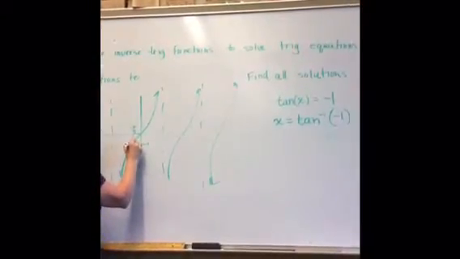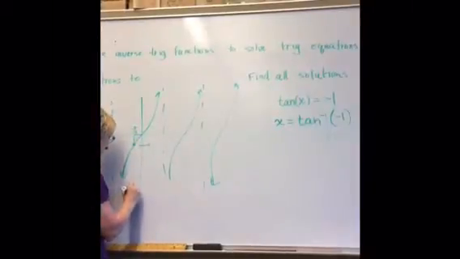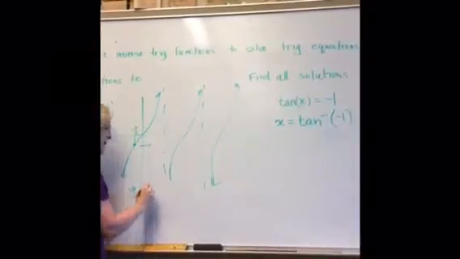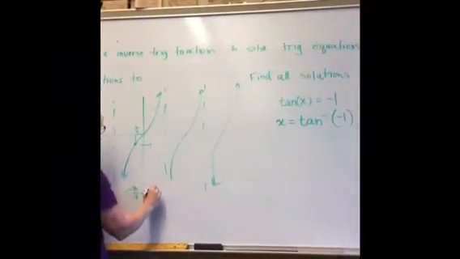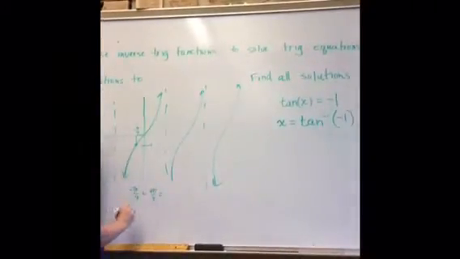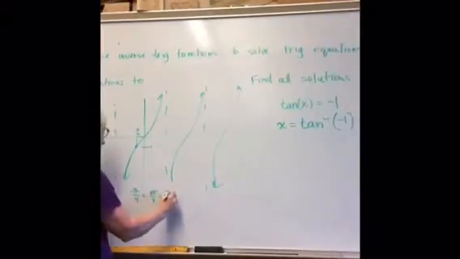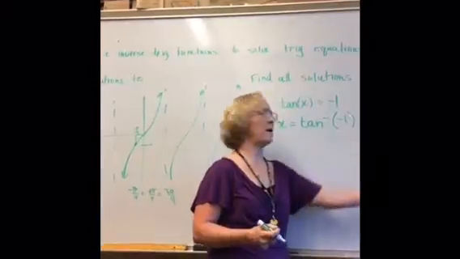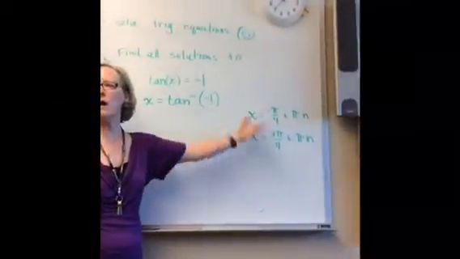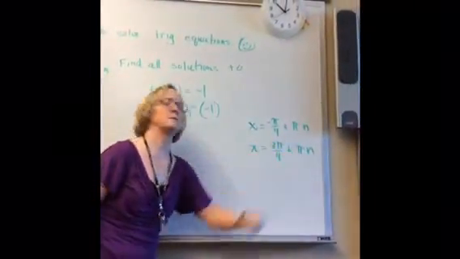So now if I add negative pi over 4 plus one pi, that's 4 pi over 4. What does that give me? 3 pi over 4. So is her answer wrong? It's not wrong, but she doesn't need this one.